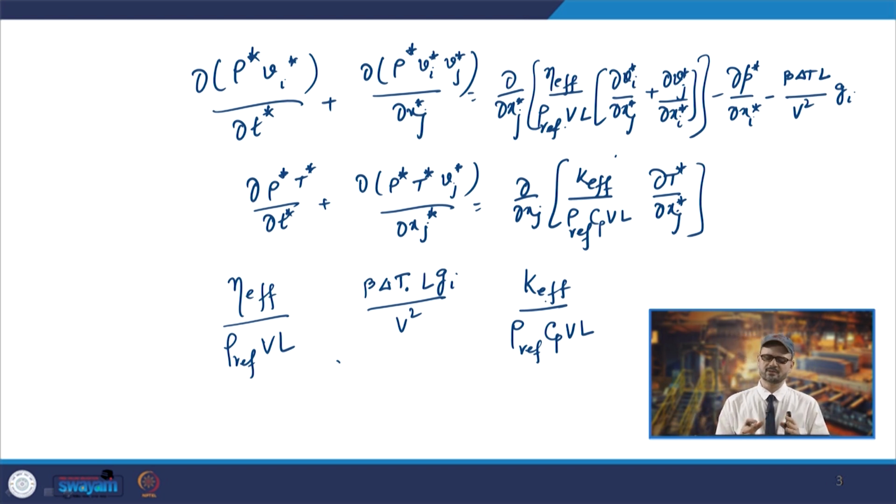Now, this number beta delta T then L and this G I upon V square, as we discussed, is nothing but the ratio of the buoyancy force to the inertia force, and that is why this number is taken to be the number which is very much considered for maintaining the similarity when we are talking about the non-isothermal conditions in the Tundish.